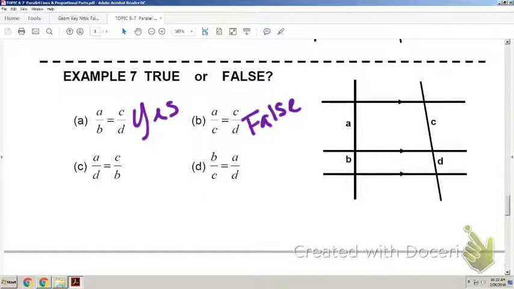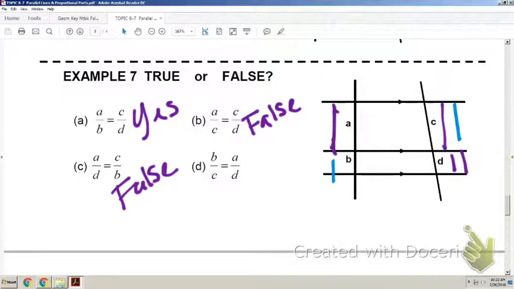Part C says A over D equals C over B. You can't crisscross, so that's a false also. You have to stay on the same side, or you can cross over to the same length. So we could say A over C, but we can't say A over D and crisscross over.